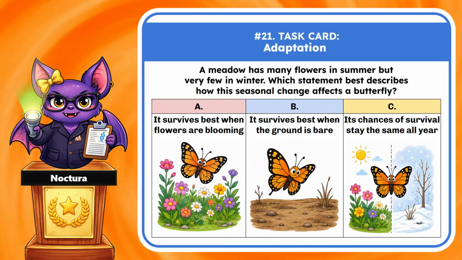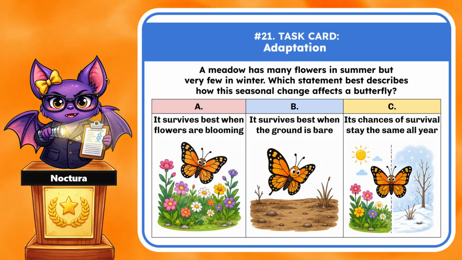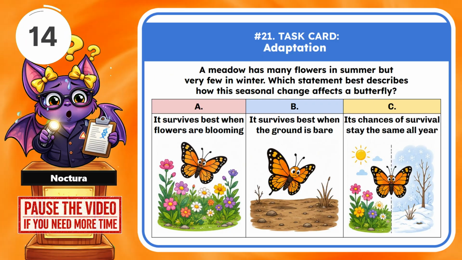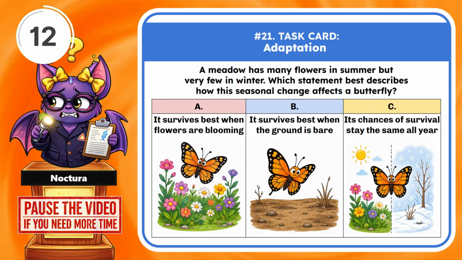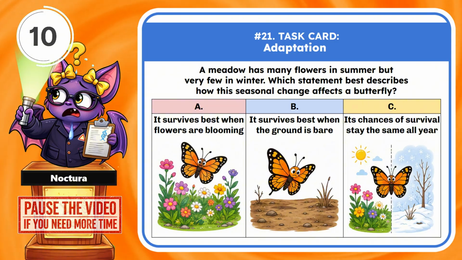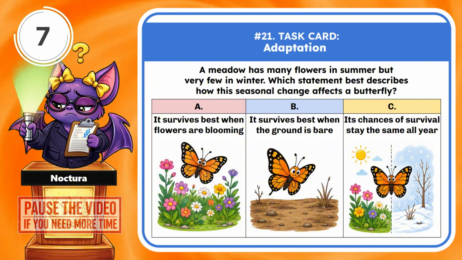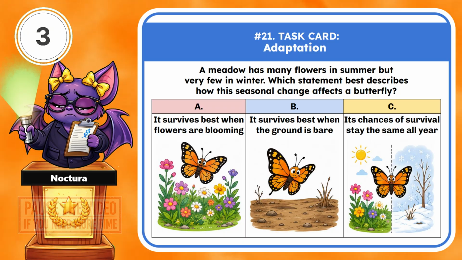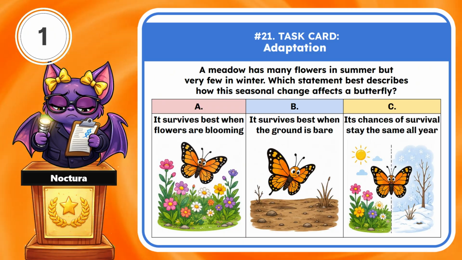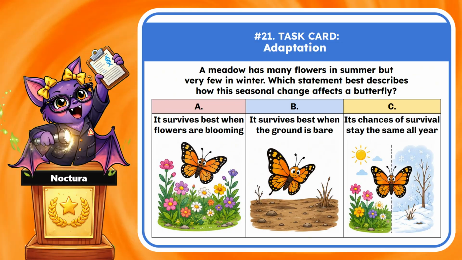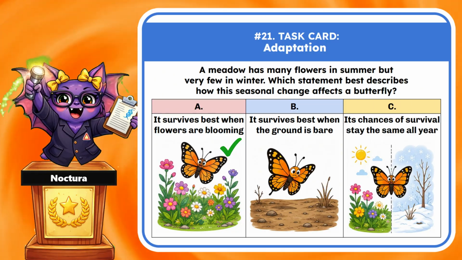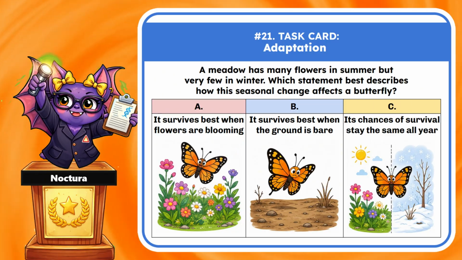A meadow has many flowers in summer, but very few in winter. Which statement best describes how this seasonal change affects a butterfly? And the correct answer is letter A, it survives best when flowers are blooming.